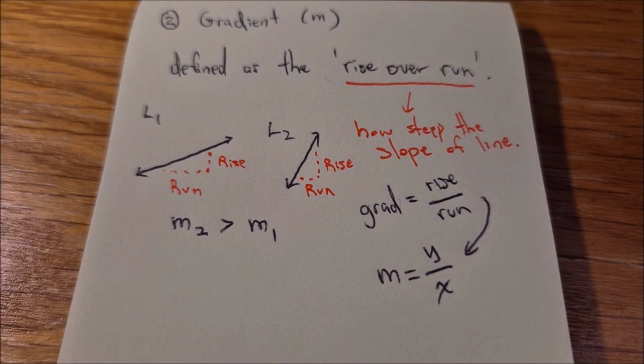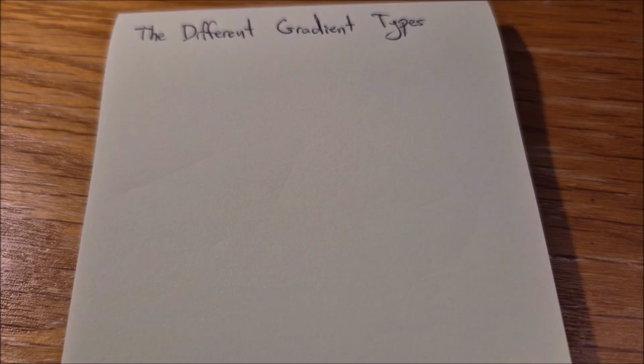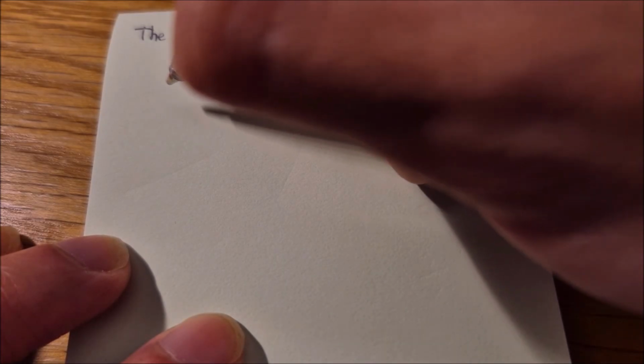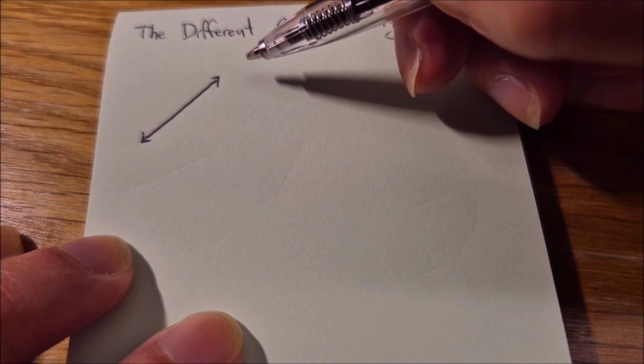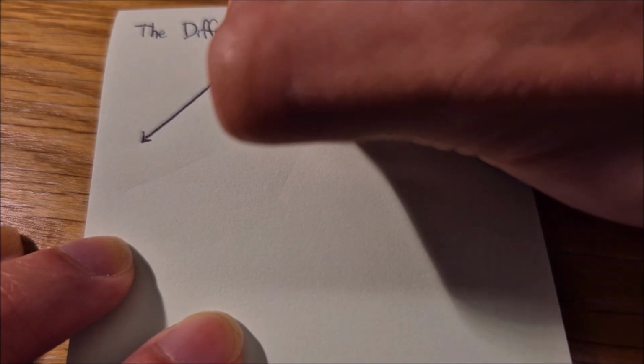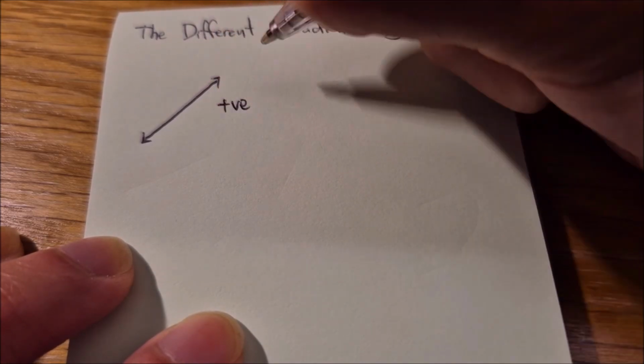And now that we've gone through the general gist of gradient, let's go through the different gradients that lines can have. Gradient can either be positive or negative depending on the direction of the slope. If the line is going like this, so from the bottom left to the top right direction, this is classified as a positive gradient.